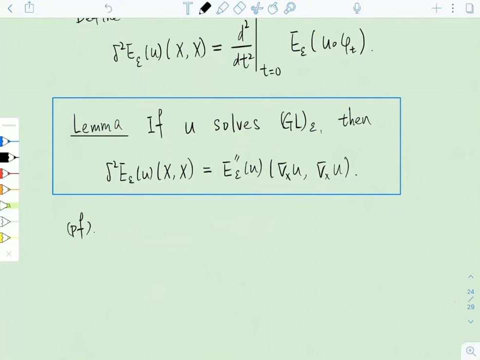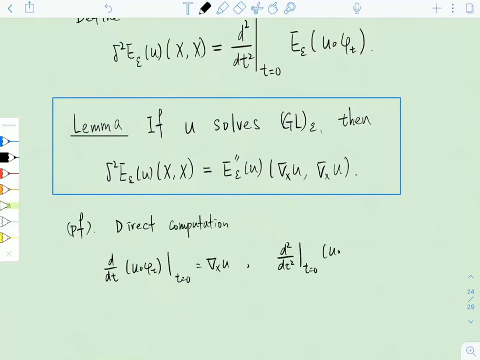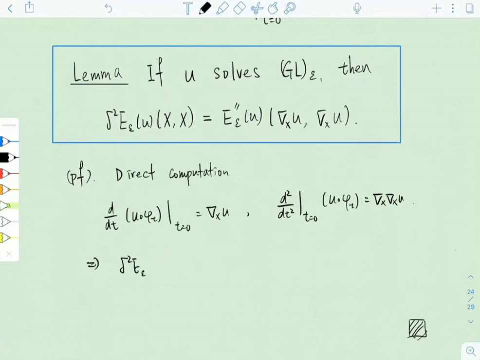The proof is rather simple. By a direct computation, you see that d/dt at t equals 0 is really just nabla_X of U, and then d squared/dt squared at t equals 0 is really just nabla_X U. So consequently, if you go back to the definition and carry out the differentiation, you'll see that this is really the same as, so you first get a first variation term, and then you have a second variation term.